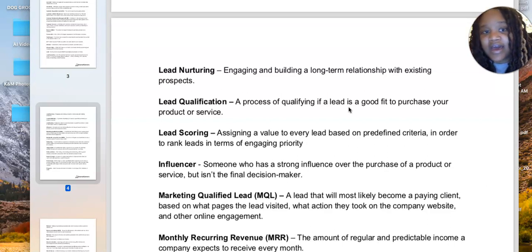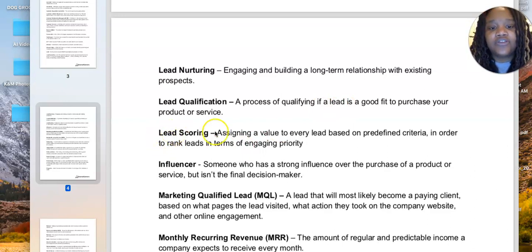Maybe because they have a generic email, maybe because their website is just not compatible with our hosting. And so as a sales development representative, I have to determine if they qualify as a lead. So that's a whole other skill set.